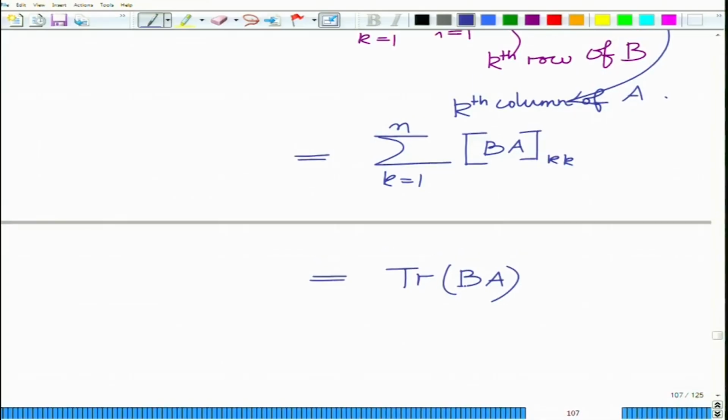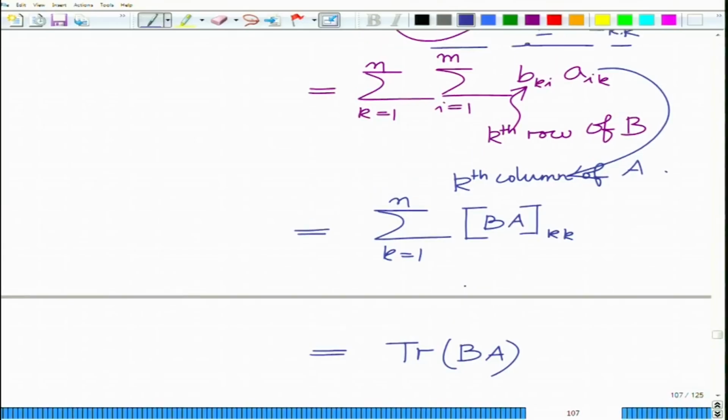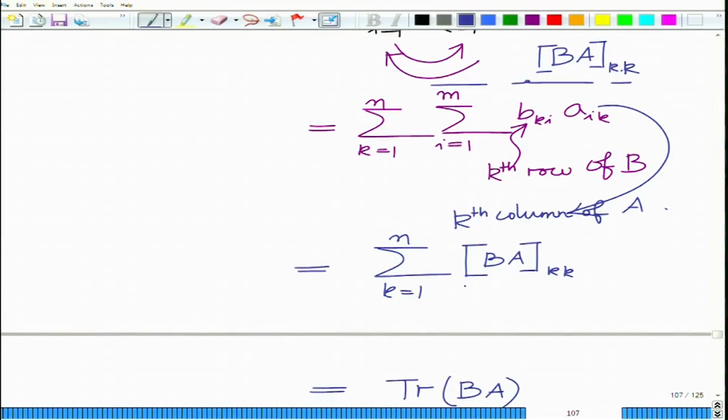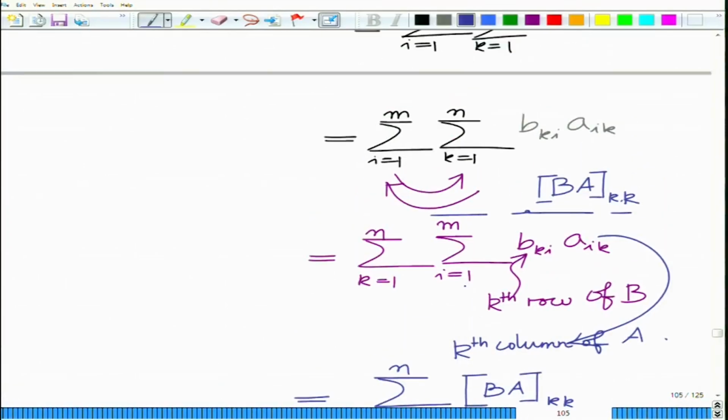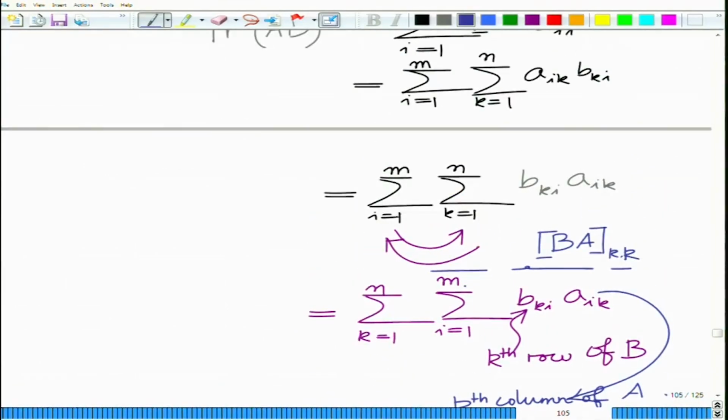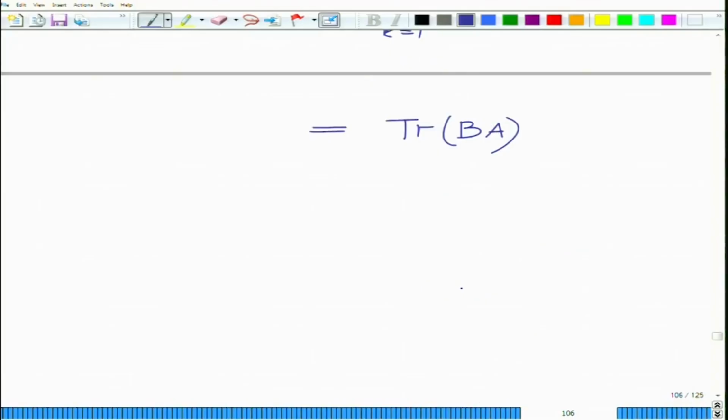So, this is nothing but the trace of BA, correct. And therefore, what we have is trace AB, and this is a very handy property, trace AB equals trace of BA.